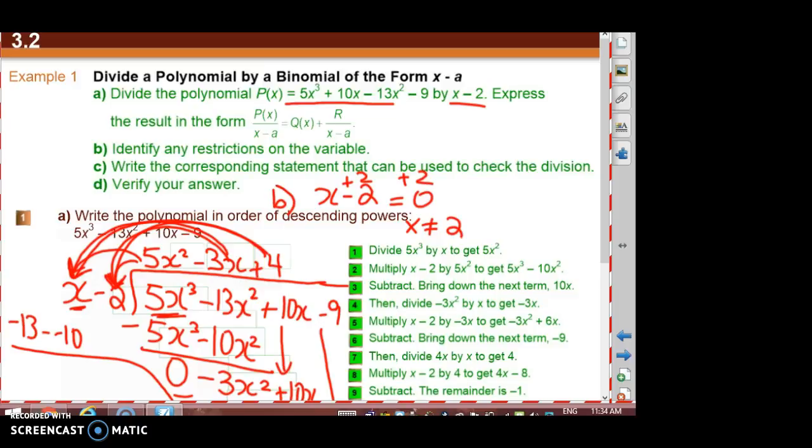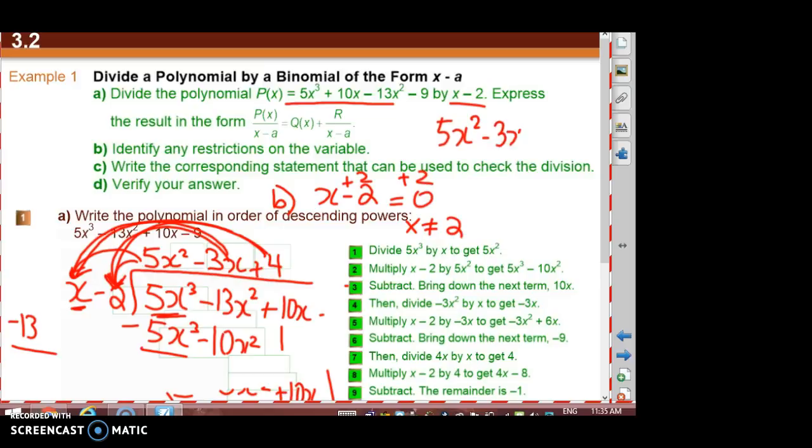Okay, and then C says write the corresponding statement that can be used to check the division. So if you wanted to check to make sure you were right, you would write it out as, I'm going to erase this here. Oh, I don't want to erase it because I don't know what we had for an answer. If we wanted to check, we would take our answer we got, and multiply it by what we had divided by.